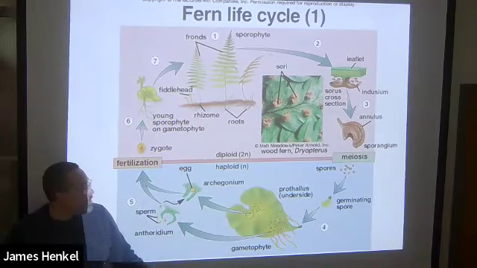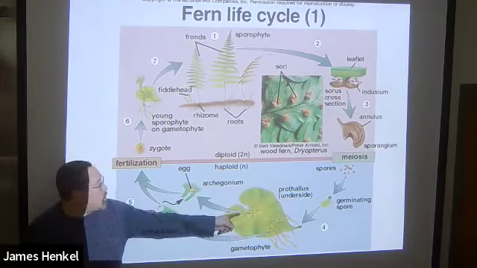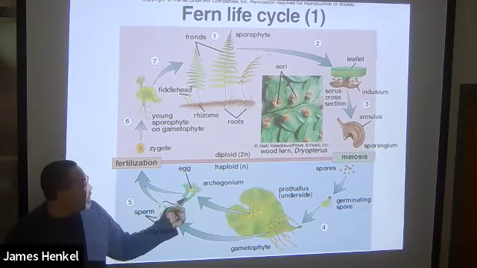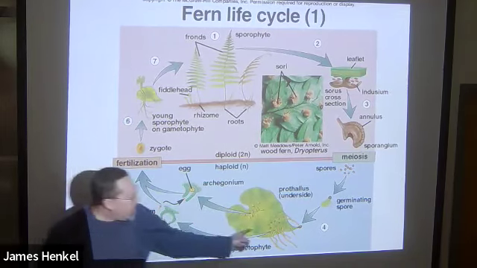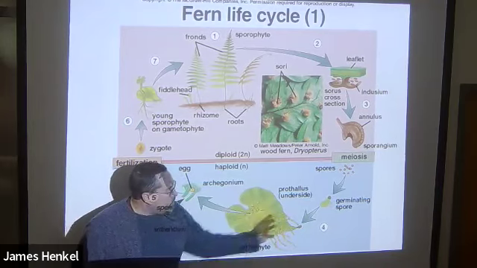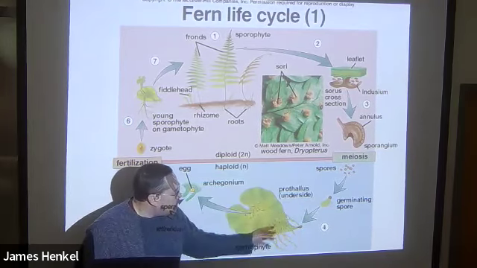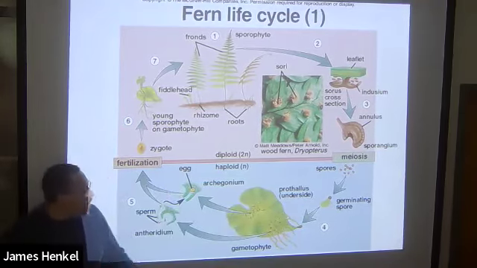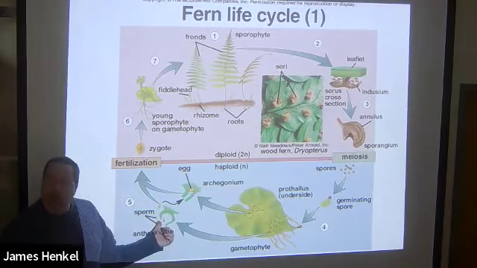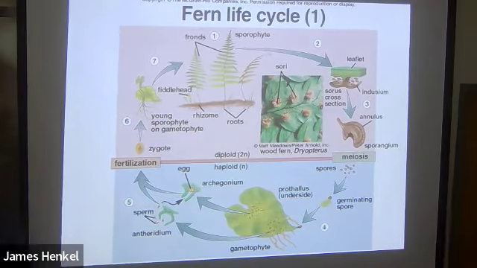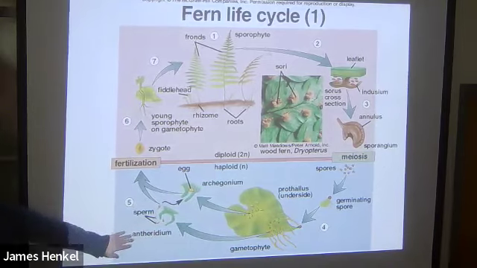This cleft has all the archegonium, the egg-producing places. And the tip side, the pointed part, the bottom of the heart, is where all the antheridium are.